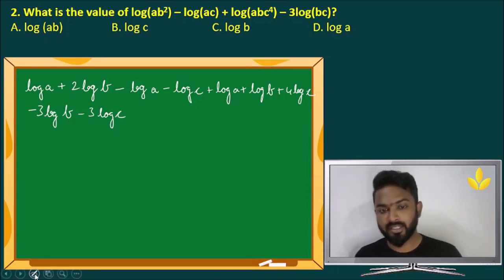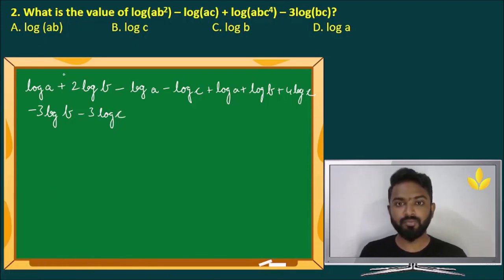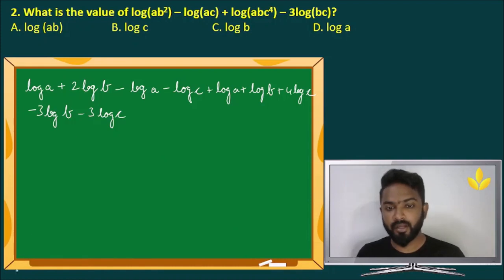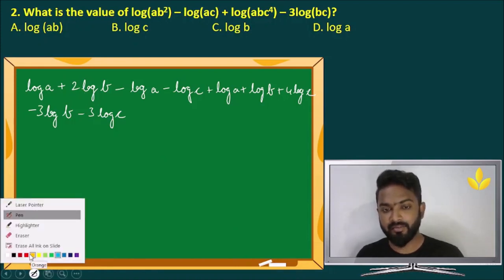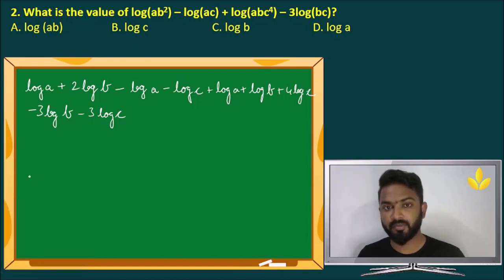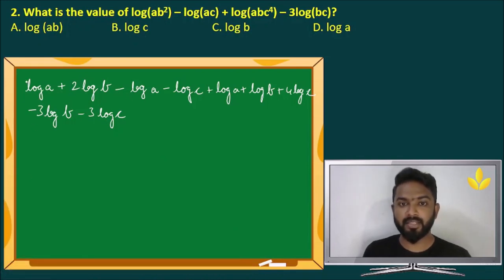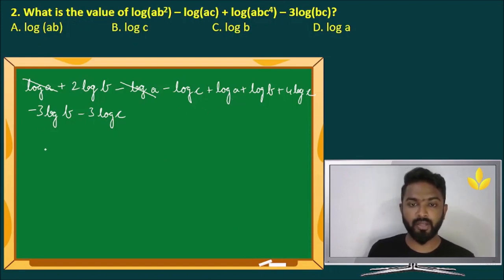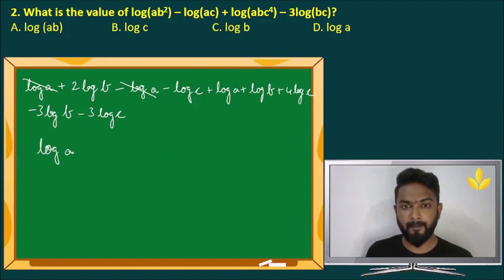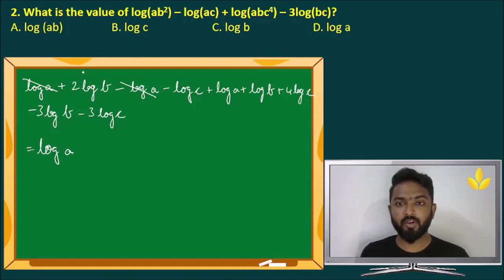Let's see what all gets cancelled now. Let's add everything that is common first of all. So a minus a gone. For a, we have 1 log a remaining. Now let's talk about b.